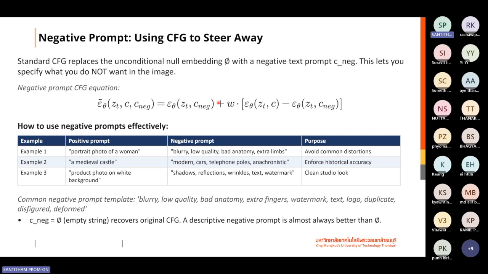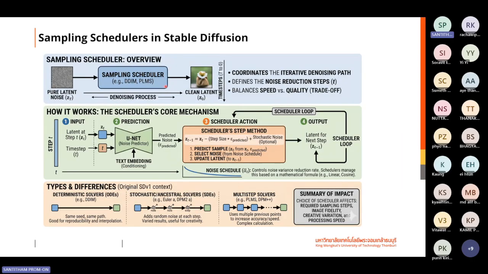Basically, instead of using the unconditional noise, you use the noise from the negative as the base, and then compute the deviation from the negative to the predicted conditional noise to adjust the noise and perform the denoising further in Stable Diffusion.